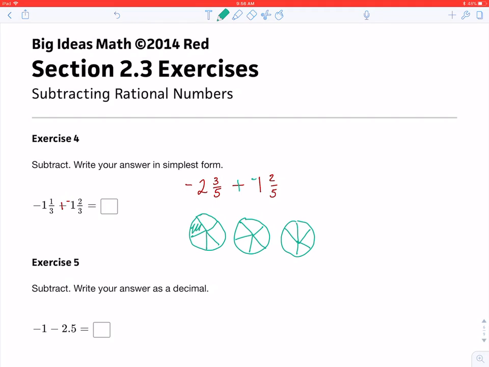Okay, so we've got negative 2 3/5, there's my two wholes, and then 3/5. And then I'm going to be adding negative 1 2/5.